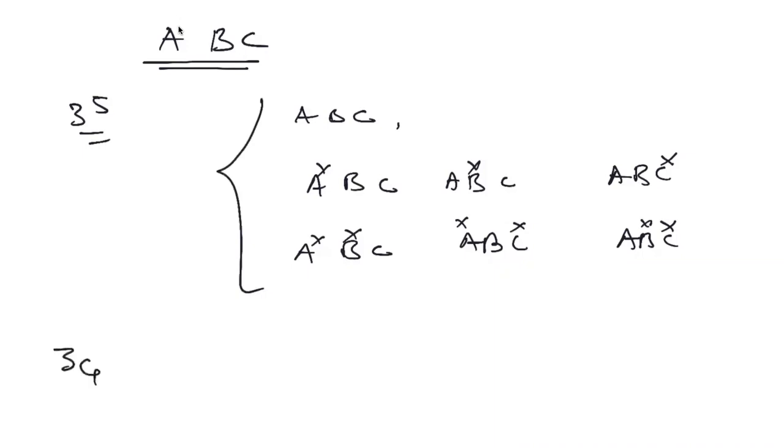Now 3C1 2 to the power 5. What is the meaning of this? What cases are coming there?